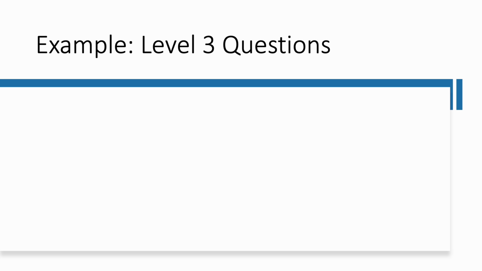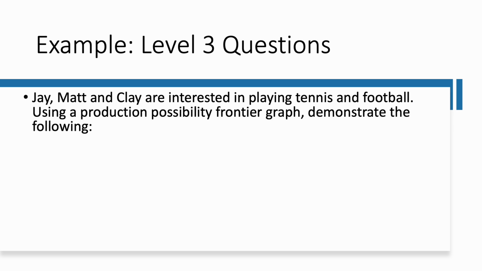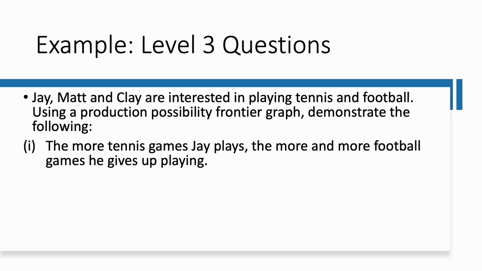Let's examine a question that involves drawing graphs. Jay, Matt, and Clay are interested in playing tennis and football. Using a production possibility frontier graph, demonstrate the following. 1.